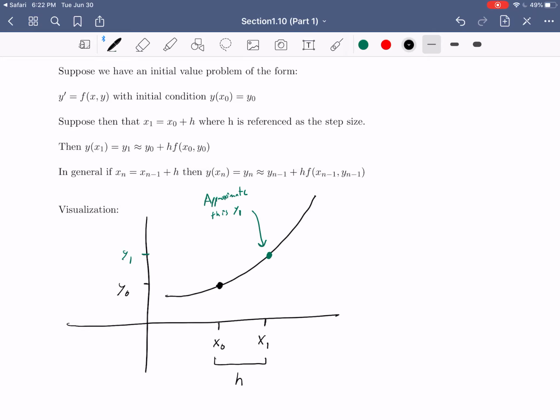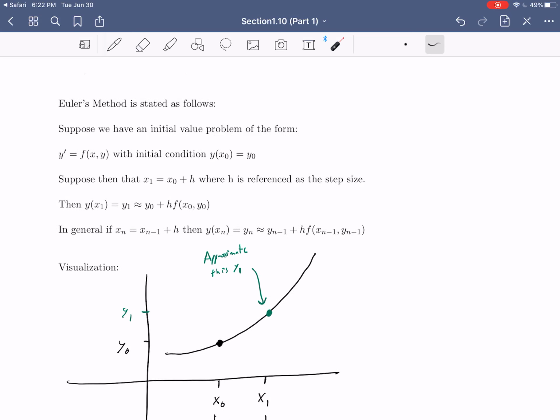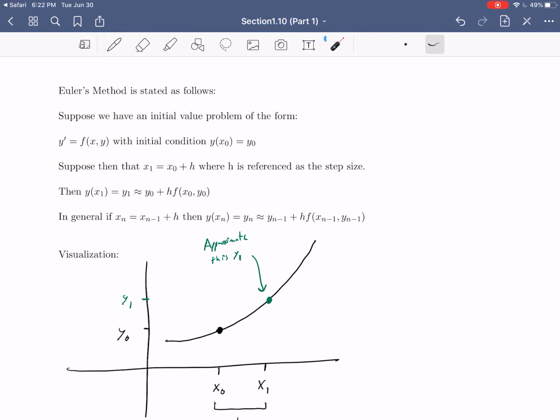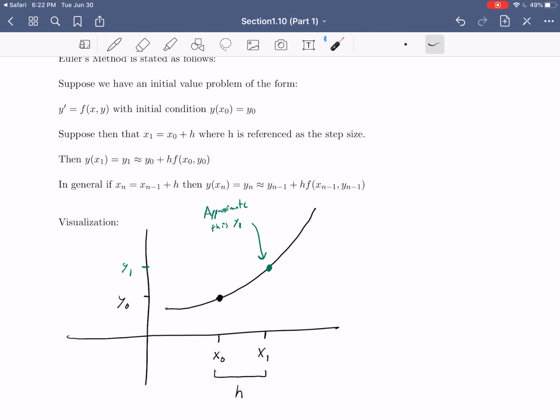Because we have this differential equation that tells us based on x and y what the derivative is, we are able computationally to figure out the derivative at this particular moment. In other words, we can come up with the tangent line at this point, and we can extend that tangent line in both directions.